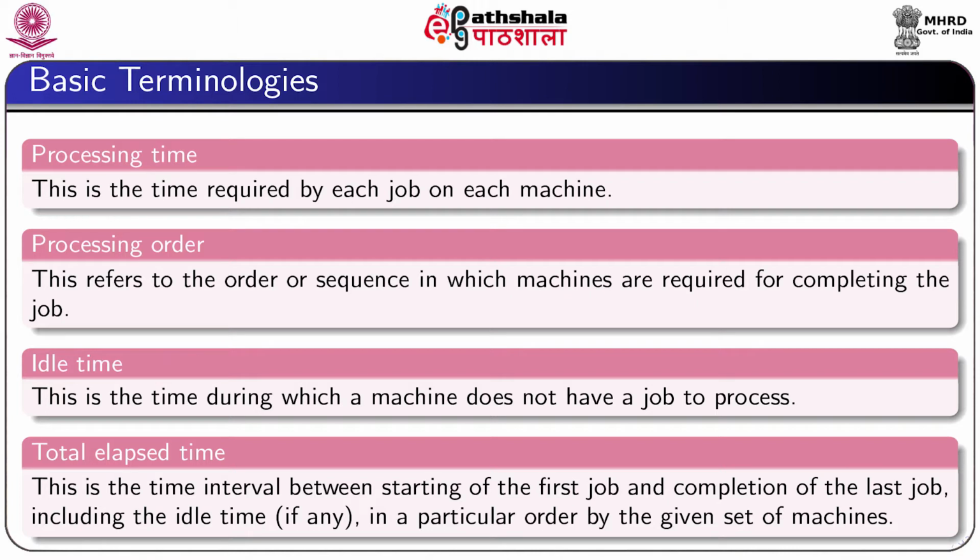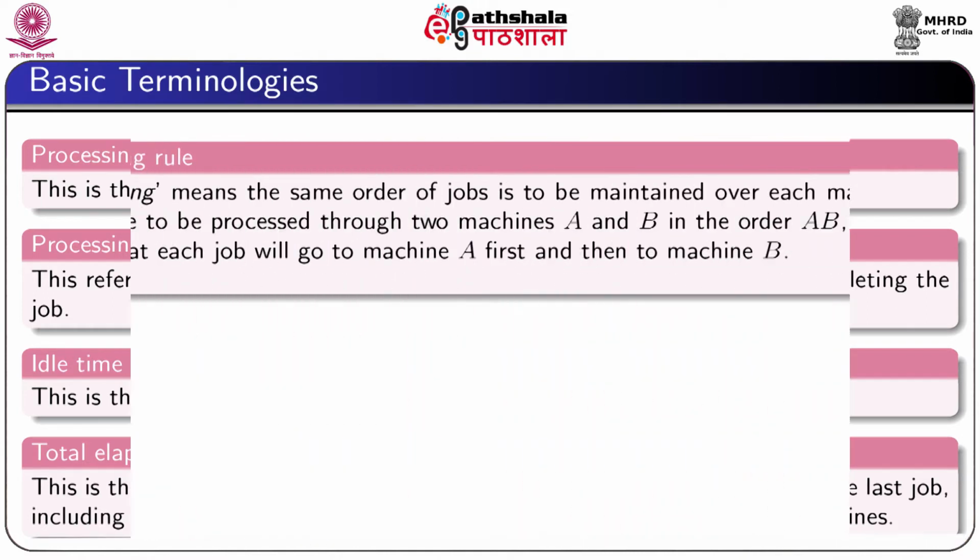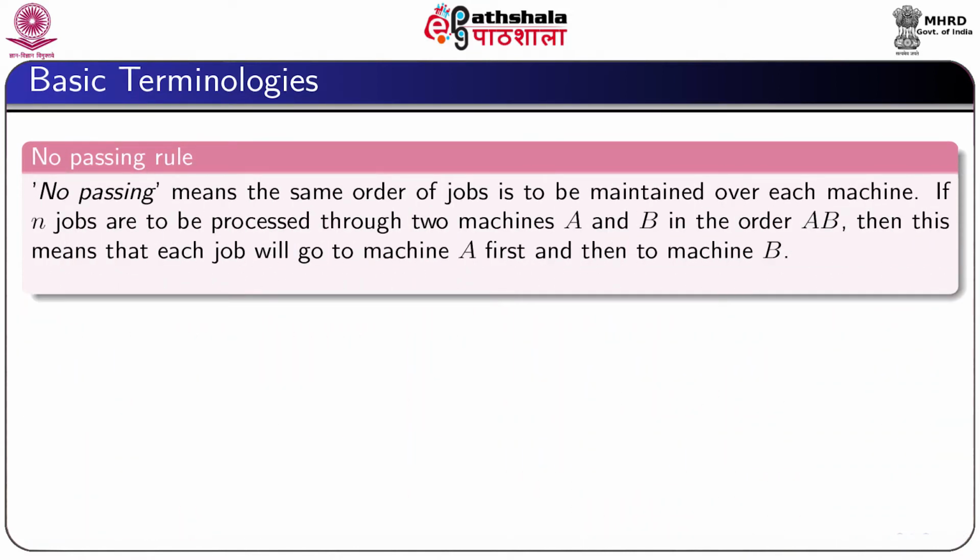Total elapsed time. This is the time interval between starting of the first job and completion of the last job, including the idle time if any, in a particular order by the given set of machines. No passing rule.